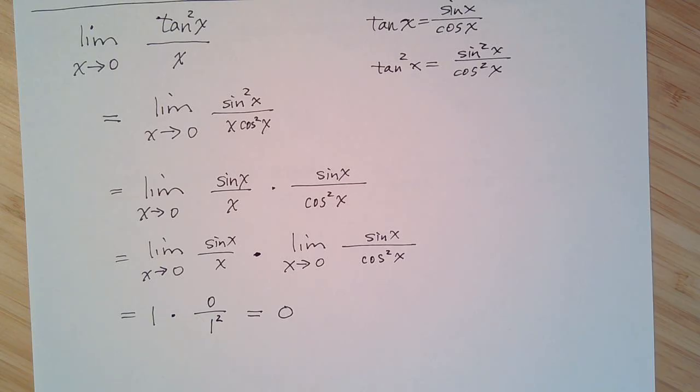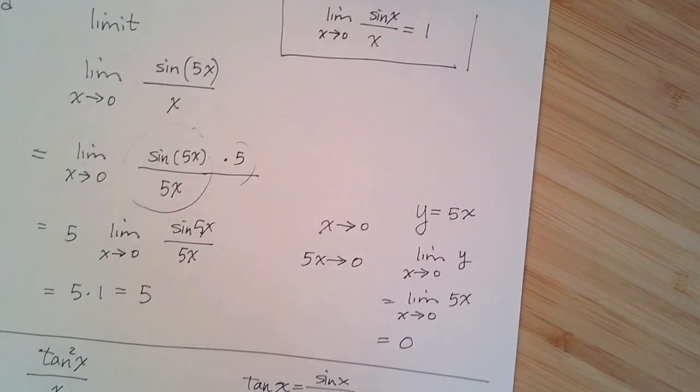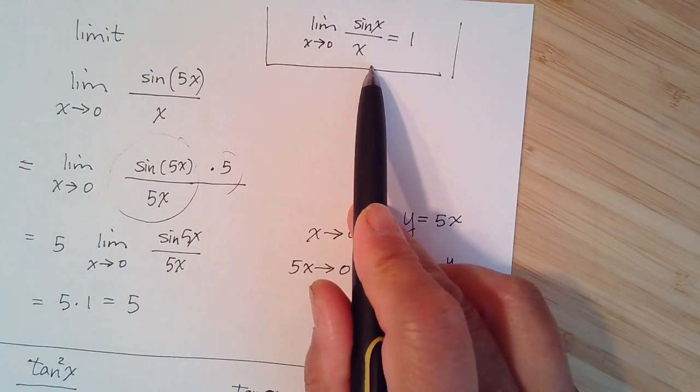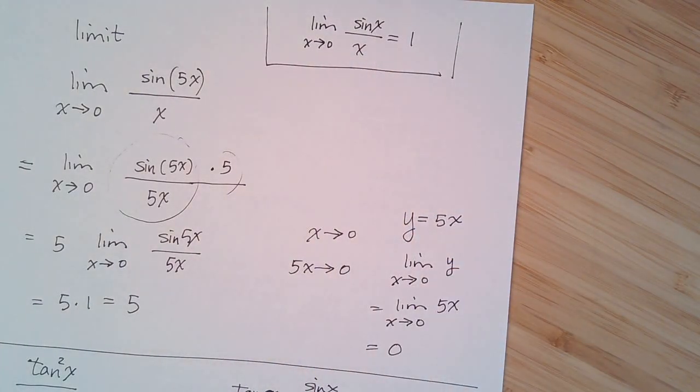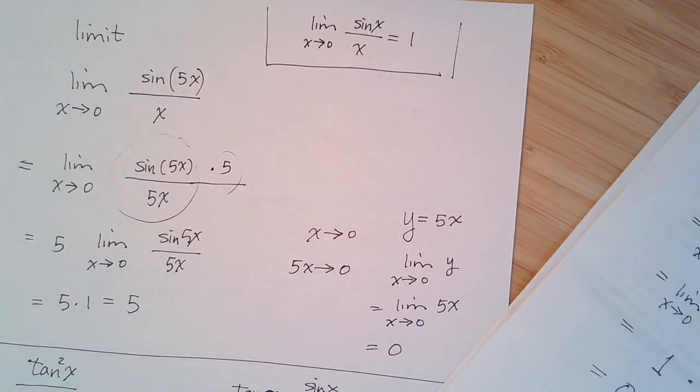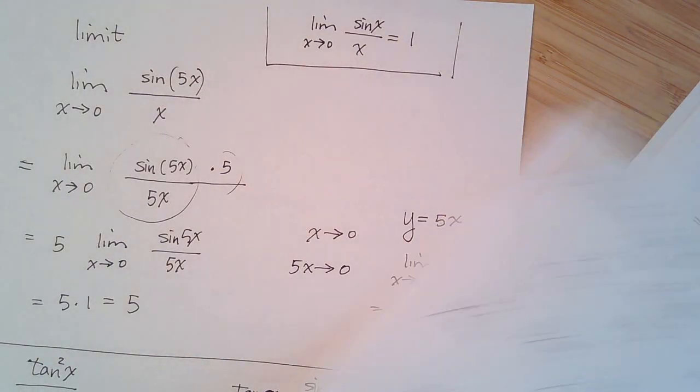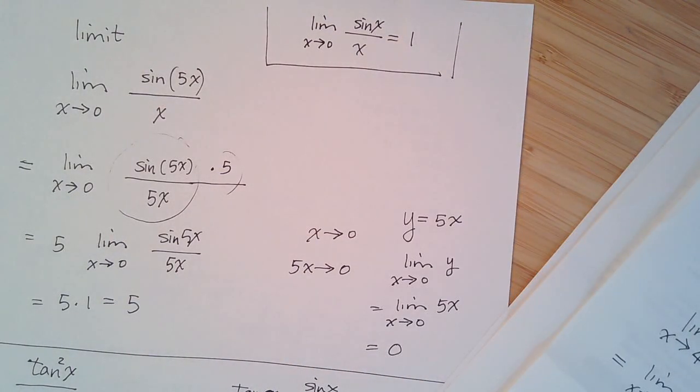One is the squeezing theorem, or sandwich theorem. The other one is a special case, and the most important one is this. Then we learned how to use this to solve limit questions. So that is all for this session. It's called evaluating limits analytically. All right, that's it.